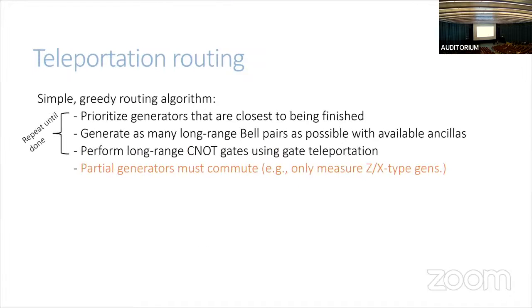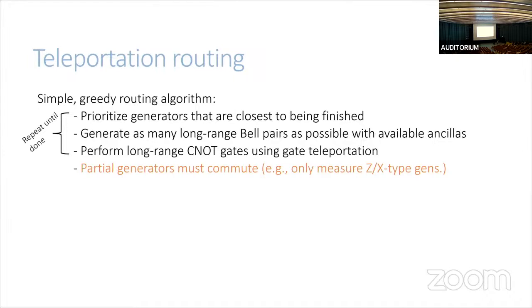So now that we have our scheme, we can come up with a simple greedy algorithm to do it for us. This is essentially the easiest thing you can do, where we just greedily try to fill up our routing layer with Bell pairs.